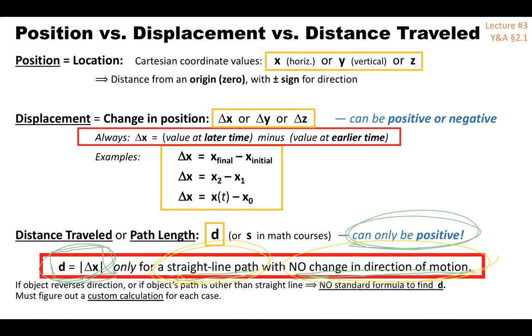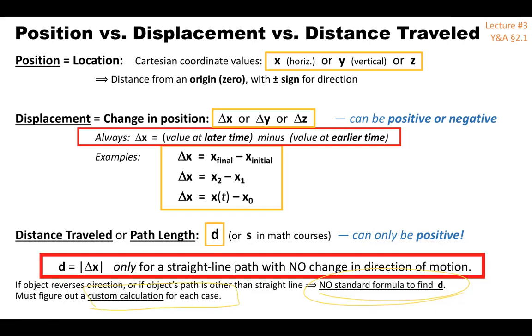In that case, the long and the short of it is there is no one standard formula to find the distance traveled for any of those cases. If some of you have had calculus 2, the integral that you must do to find the path length over a curve is complicated and difficult. So we have to just figure it out case by case with a custom calculation.